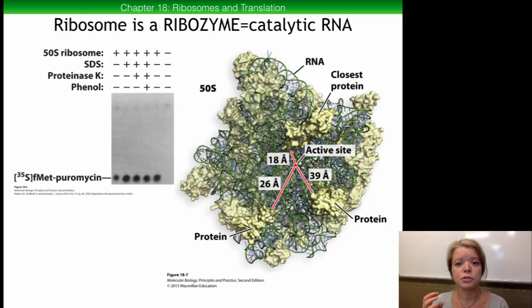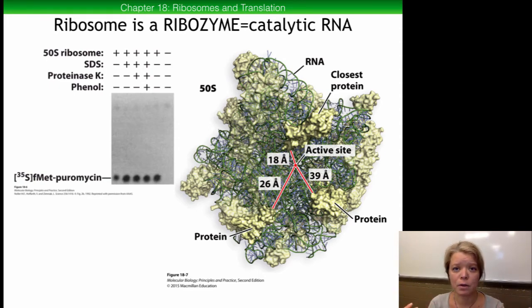An important thing to realize about ribosomes is that it's the RNA that is the catalytic member of the ribosome. The proteins are not the ones catalyzing the reaction, but it's the positioning of the tRNAs by the ribosomal RNAs into this very tight configuration in the P site and the A site, so the two amino acids are close together, which allows the peptide bond to occur.